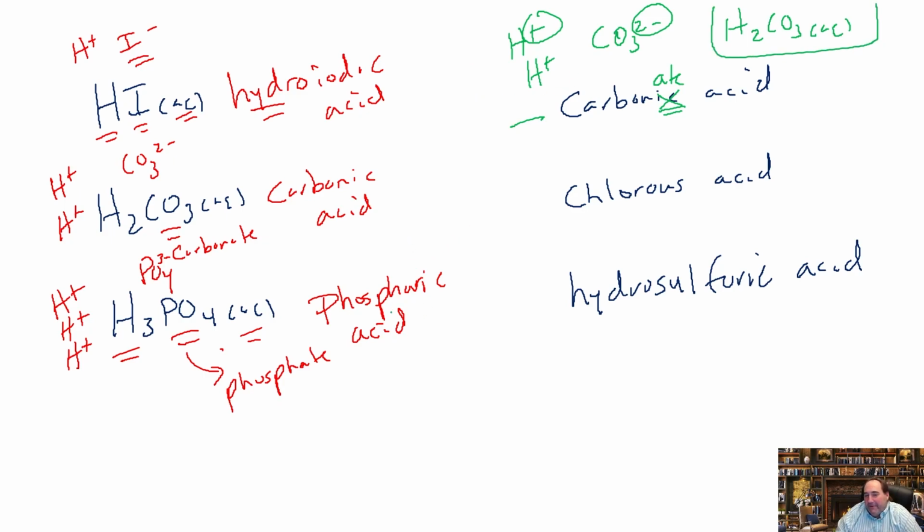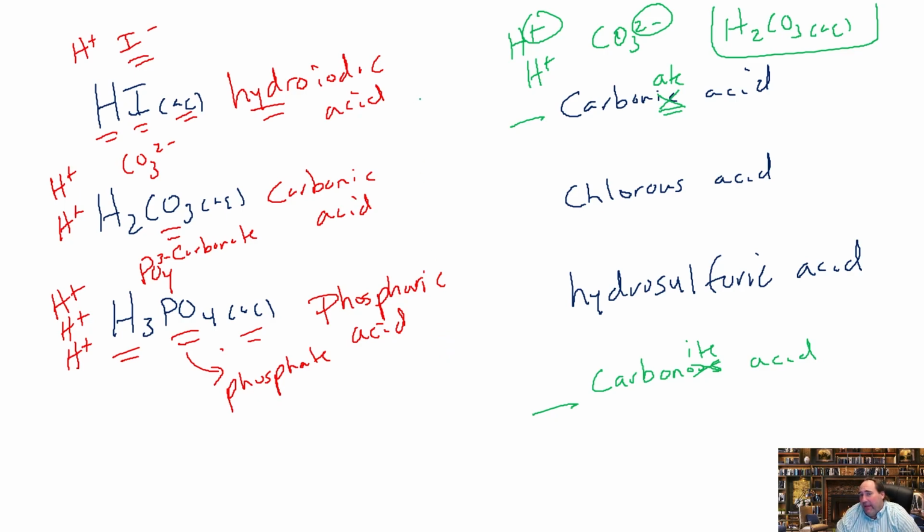That was not really the one I was going for. So when we write the one that I really meant to write, which was carbonous acid. So if we look at this here, again, no hydro. We see OUS, which means the polyatomic ion came from ite, which would be carbonite instead of carbonate.